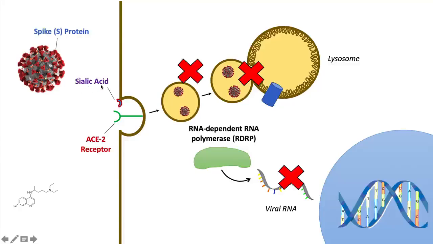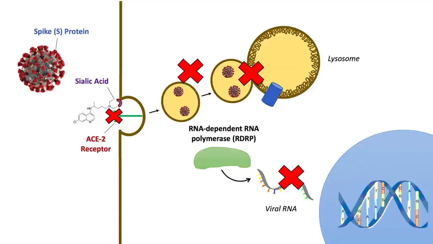Sialic acid is essentially just a little piece of sugar, and the spike protein, the S protein on the SARS-CoV-2 virus, can actually bind to the sialic acid as well. So these sialic acid residues can act like little receptors for the S proteins on the coronavirus as well. What this paper shows is that chloroquine and hydroxychloroquine can actually bind to these sialic acid residues, preventing the S protein on the SARS-CoV-2 virus from binding to the sialic acid, and essentially preventing the binding of the virus to the ACE2 receptor as well.